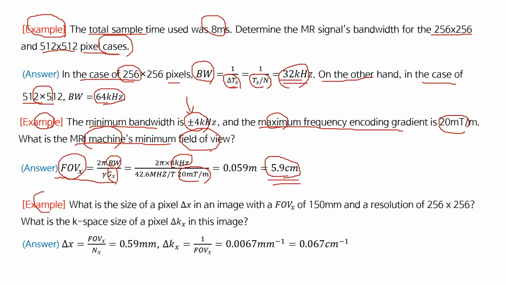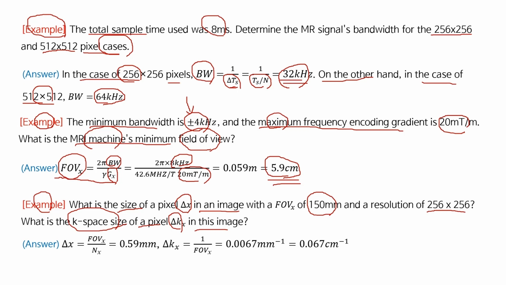Next example. What is the size of pixel delta x in an image with a FOVX of 150 millimeter and the resolution of 256 by 256? What is the k-space size of pixel delta kx in this image?